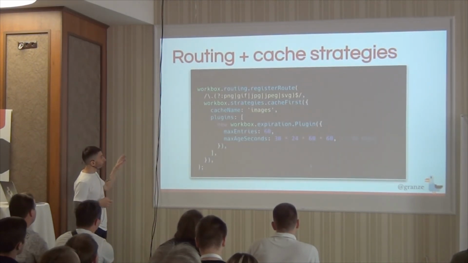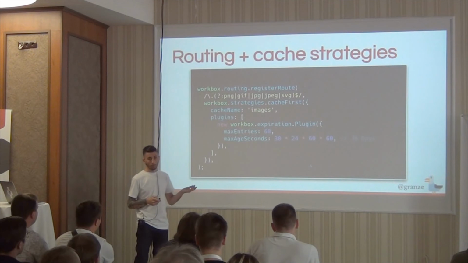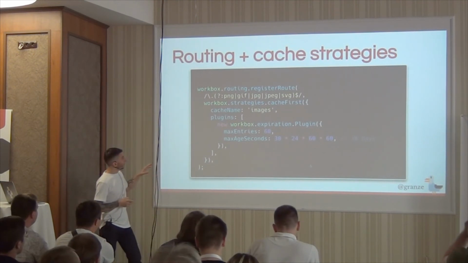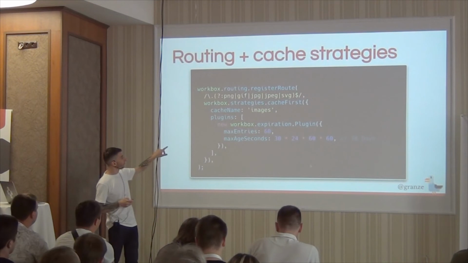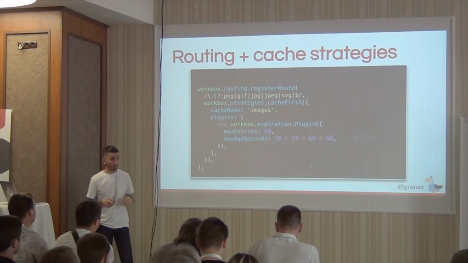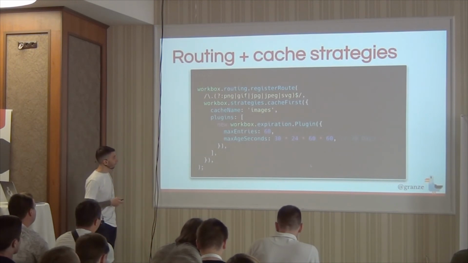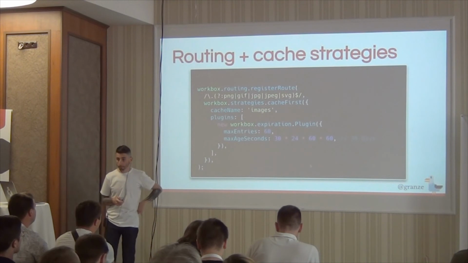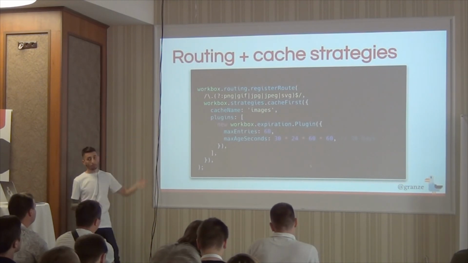This works really well with images, because sometimes we know that images should be deprecated after a while, so we can say, okay, all the images on my website should use a cache first strategy, because I want the image to load really fast, but they need to expire in 30 days. And all this stuff, if you want to implement it by yourself, is a lot of code.